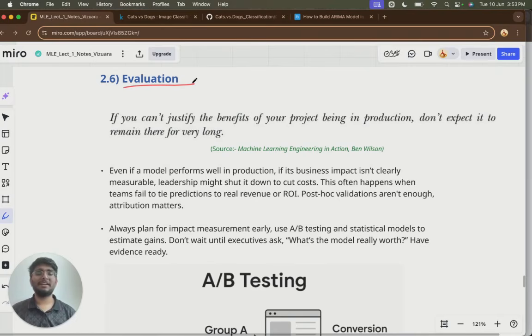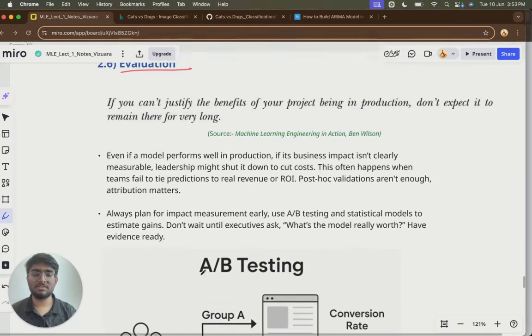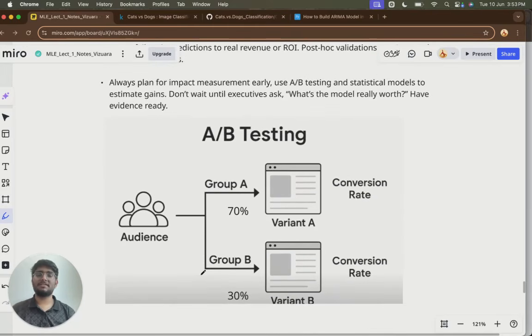For that, there are various statistical methods, and popularly we use A/B testing, and we will go through A/B testing in detail in the lecture series. But for now, just consider that A/B testing is this: I have a variant A, I have a variant B, and I have an audience which I divide into two groups with a random percentage.